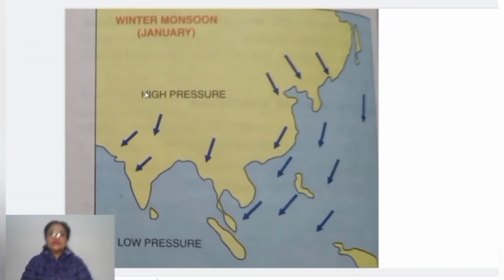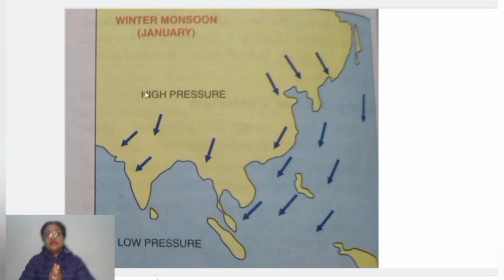Now children, the next type of wind which we have to discuss here is the local winds. Local, by the name, suggests something. Local means which is caused because of certain local atmospheric conditions.